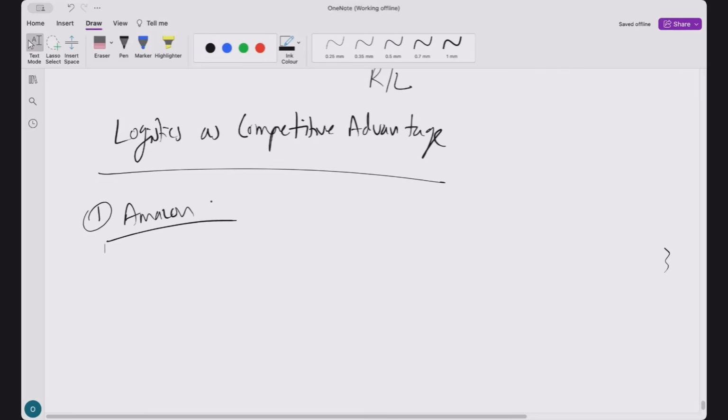How Amazon won? Not because they invented online shopping. Even they didn't. eBay and others existed. Not because they had unique products. They sold books. Anyone else can sell the books.